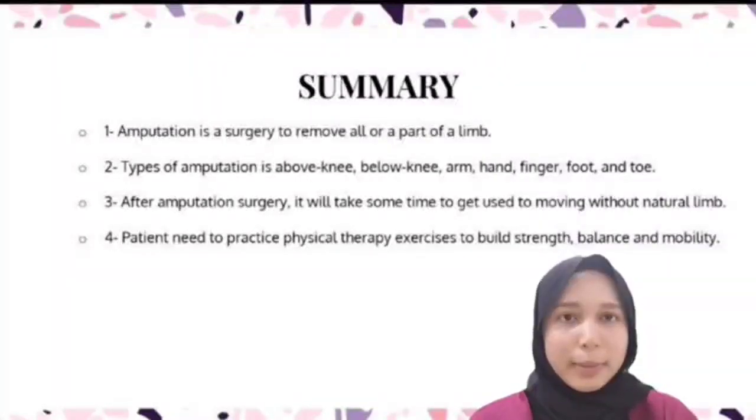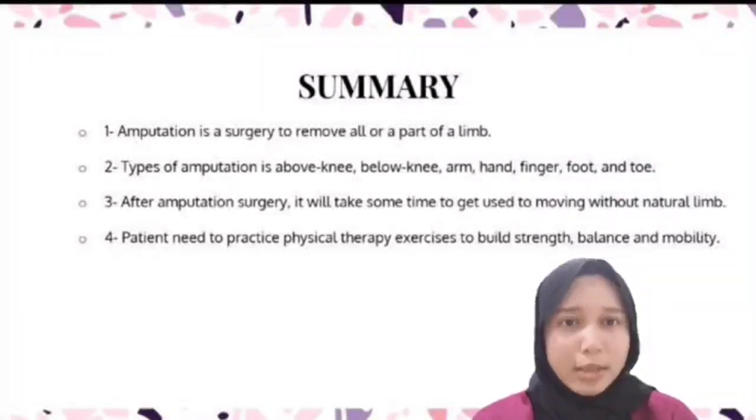Now I will present a summary of amputations. Amputation is a surgery to remove all or part of a limb. A patient may need an amputation if they have undergone a severe injury or infection or have a health condition like peripheral arterial disease. Second, types of amputation are above knee, below knee, arm, hand, finger, foot, and toe.